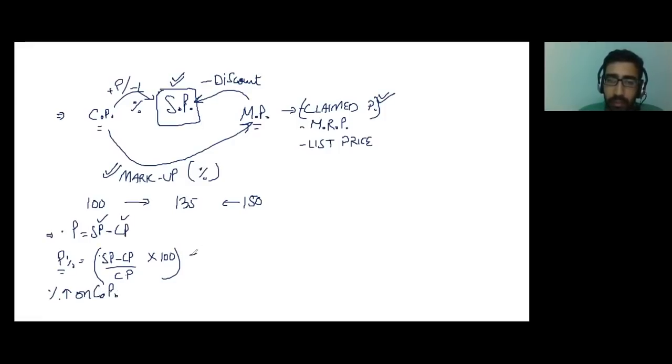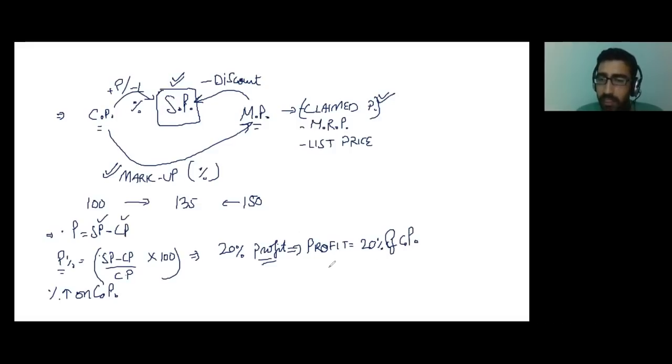And what do I mean by that? I mean, if the question says that a shopkeeper enjoys 20% profit, 20% profit essentially means, in practical calculation terms, that the value of profit, its absolute value, is 20% of cost price, which essentially means that 20% of cost price is the increase on cost price.